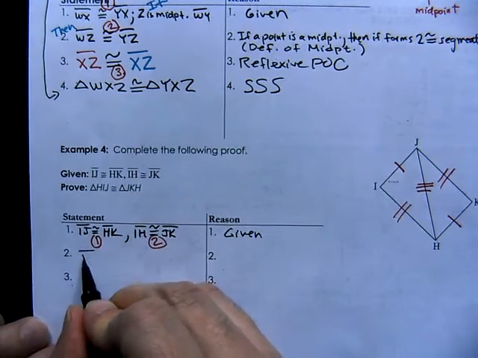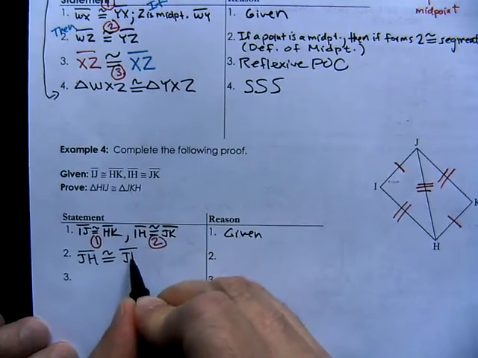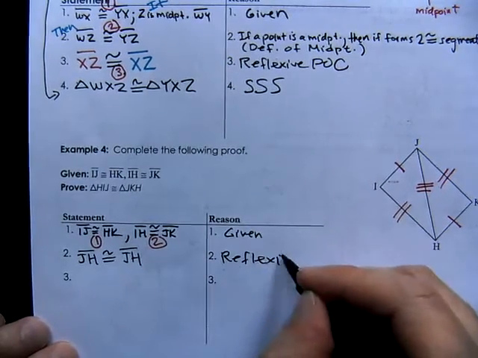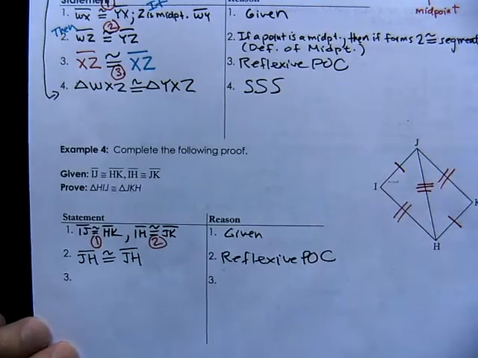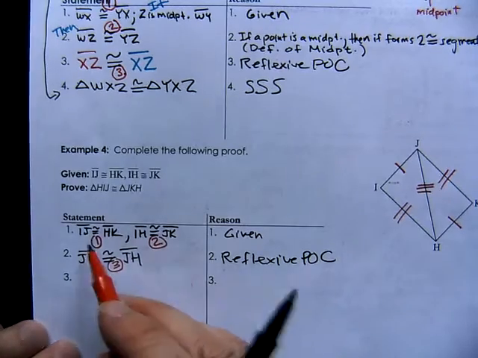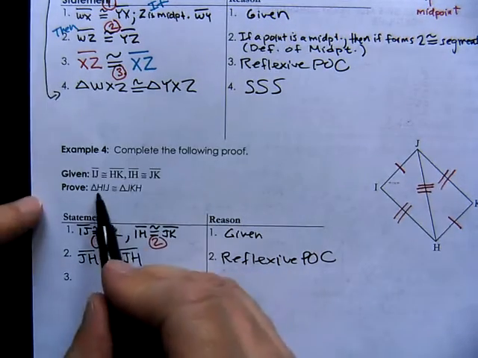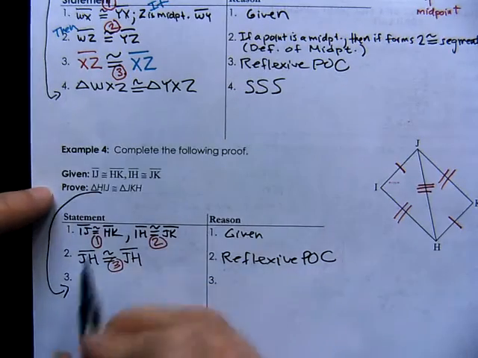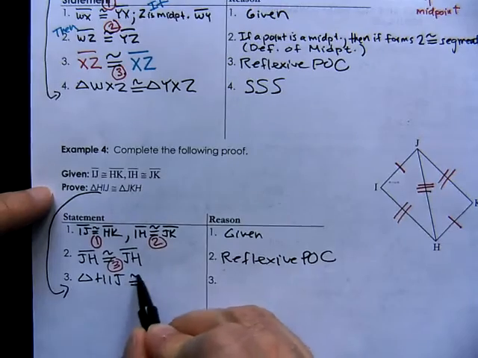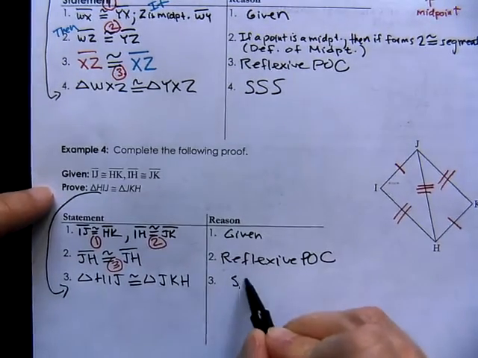So here is segment JH congruent with segment JH, and that's your reflexive property of congruency, and that provides the third pair of congruent sides. So once you have all 3 named, that's when you know that you're done with the proof. You can now state what we were trying to prove, that triangle HIJ is congruent with triangle JKH, and the reason is side, side, side.